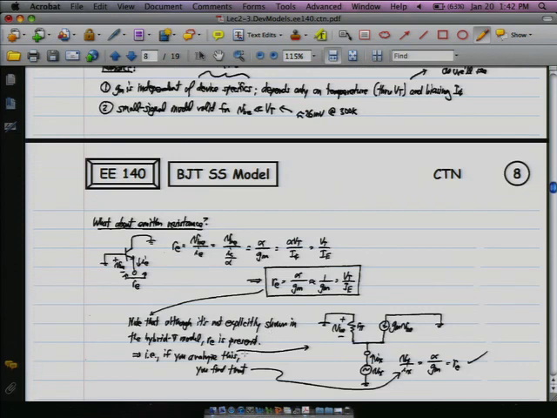All right. So now we're going to start making the models a little bit more complicated, and we're going to start introducing other factors. The first of those is the equivalent resistance looking into the emitter. This ends up following in the math in pretty much the same way as the base resistance, r pi.